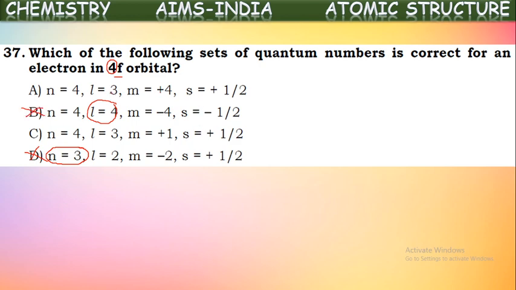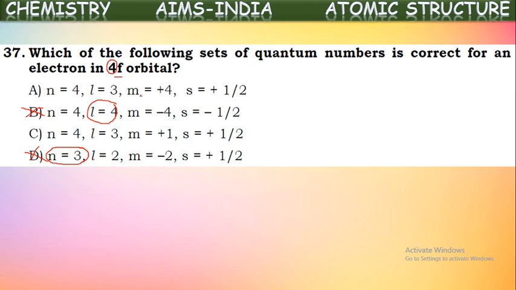If L value is 3, then what will be the M values? M, that means magnetic quantum number, may get values from minus L to plus L, where L is azimuthal quantum number value. Here L value is 3. Then M values will be from minus 3 to plus 3 including 0. So that is minus 3, minus 2, minus 1, 0, plus 1, plus 2, plus 3. Among these 7 values, 1 may be there for M value.